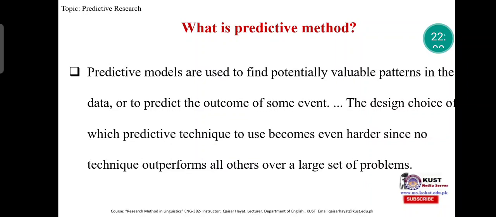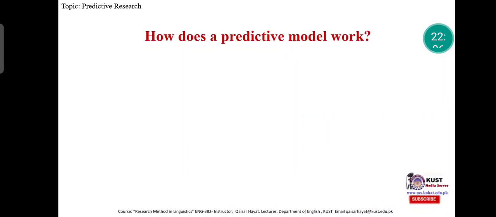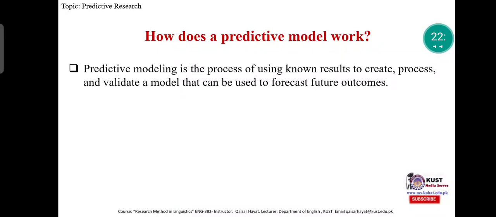Now, after predictive methods, let's see how a predictive model works. Predictive modeling is the process of using known results to create, process and validate a model that can be used to forecast future outcomes.